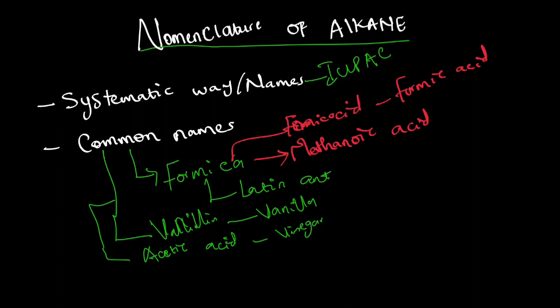So let's talk more on the rules to follow. An organic compound, most especially an alkane, can be branched or straight. Now I'll talk about the straight chain.